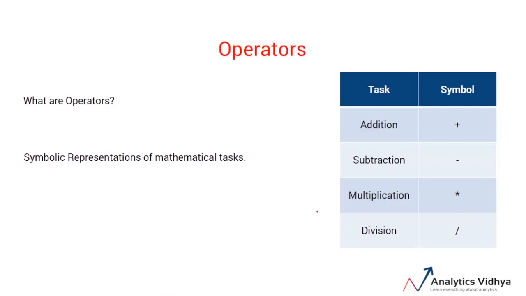For example, the operator of addition is plus, while the operator for the subtraction is minus. Similarly, for multiplication it is asterisk and division it is a slash sign. Let's see a simple operation of addition. It is represented as 3 plus 5, where 3 and 5 are called operands and plus is the operator which symbolizes addition.